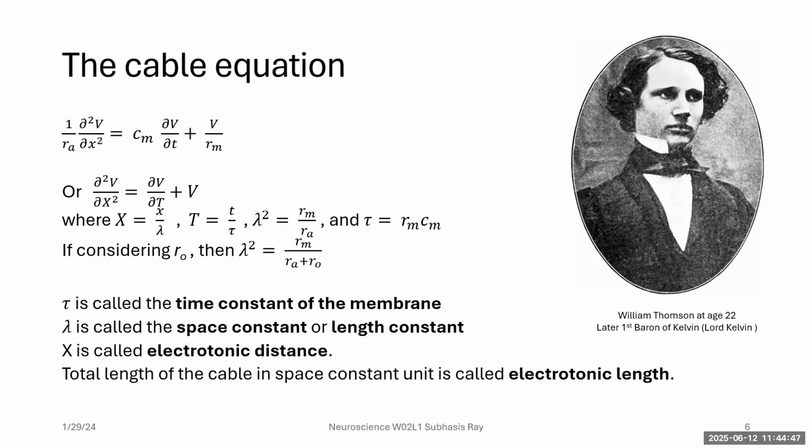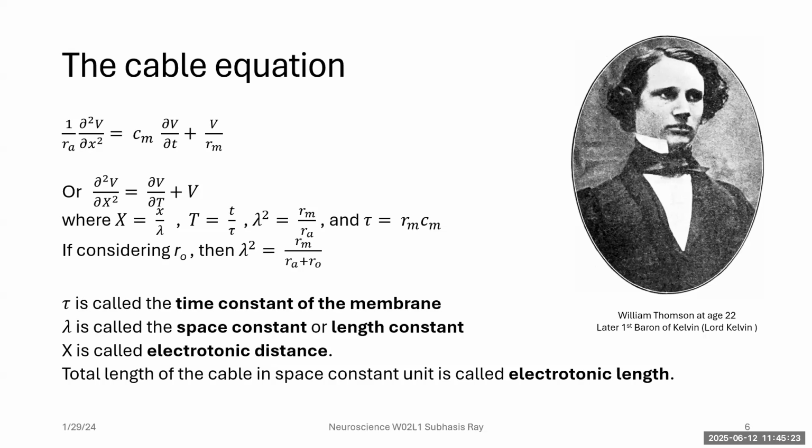Sorry, this is not lambda, this is lambda square. So we can also get rid of the En and consider the voltage to be measured with respect to resting membrane potential.